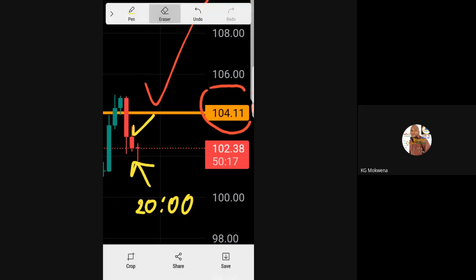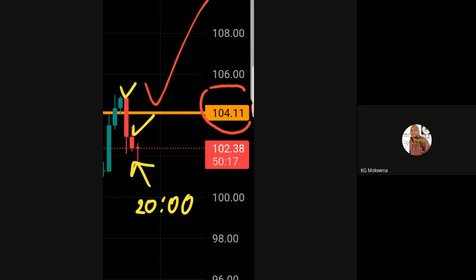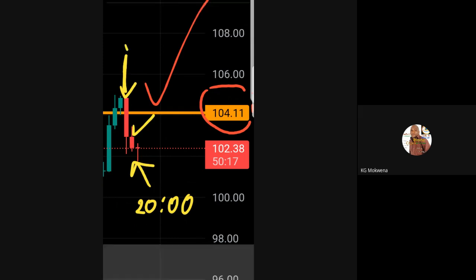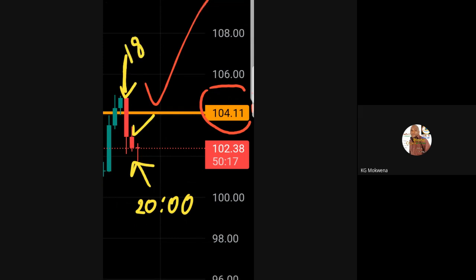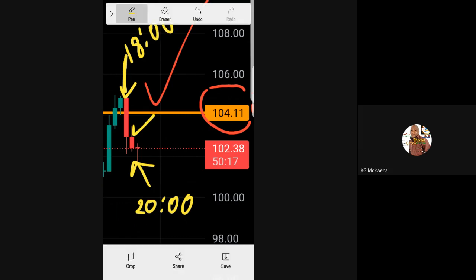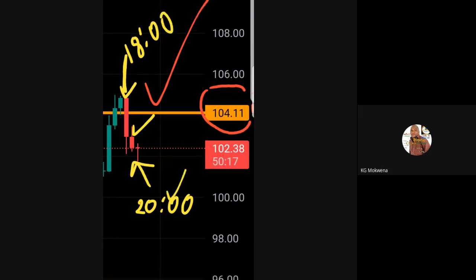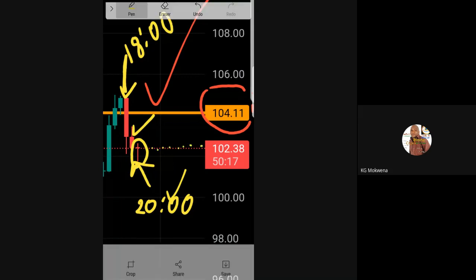Let me just quickly use an arrow. I'm using my clicker, please bear with me. This particular candlestick here, the red one, is for 18 hours. Because it's 18, 19, and then 20, where we are. The current one is where the market is currently moving, the red dotted lines there.